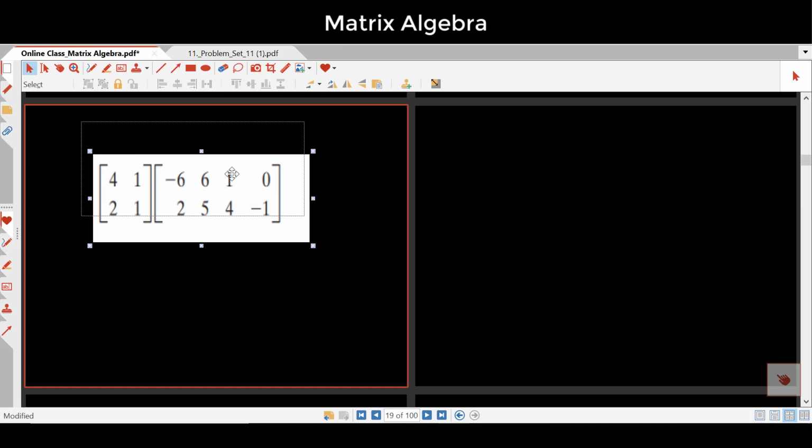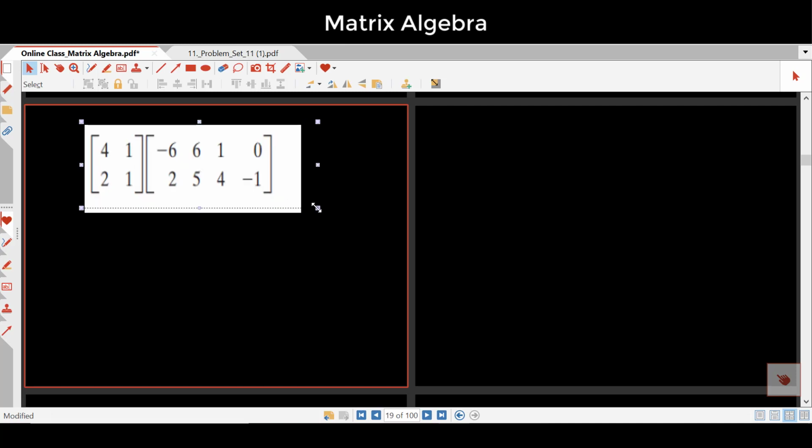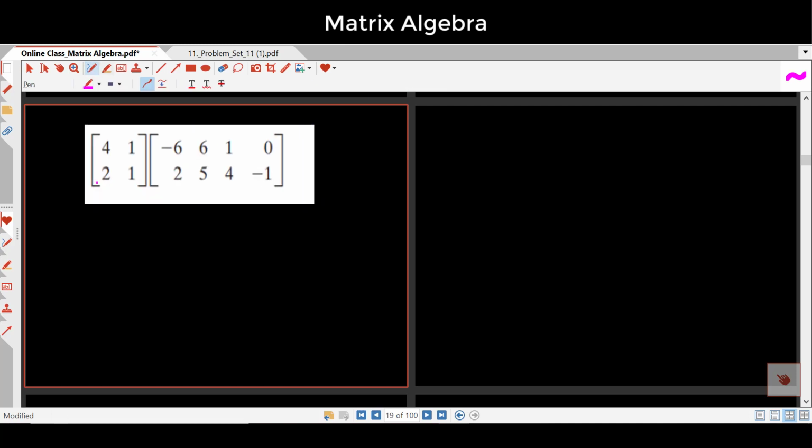So here we have to multiply these two matrices. Suppose this part is matrix A, this part is matrix B. So this is our first matrix, this is our second matrix. So at first, before going to do the multiplication, you have to think about whether it is possible or not. So you have to check the order.